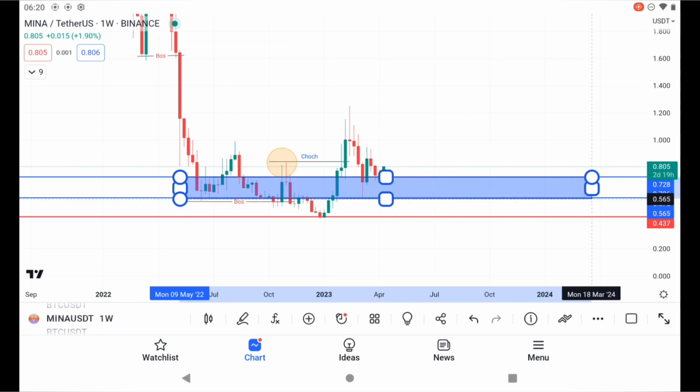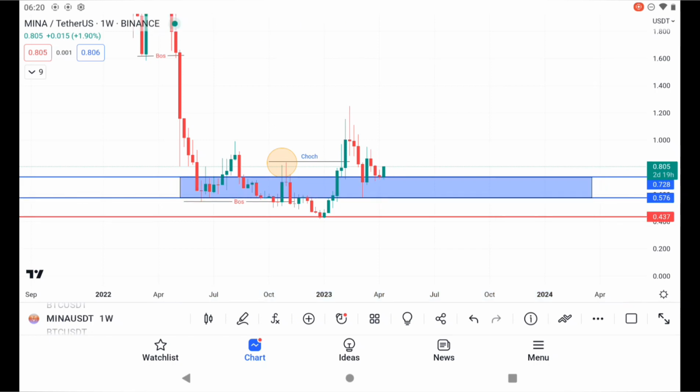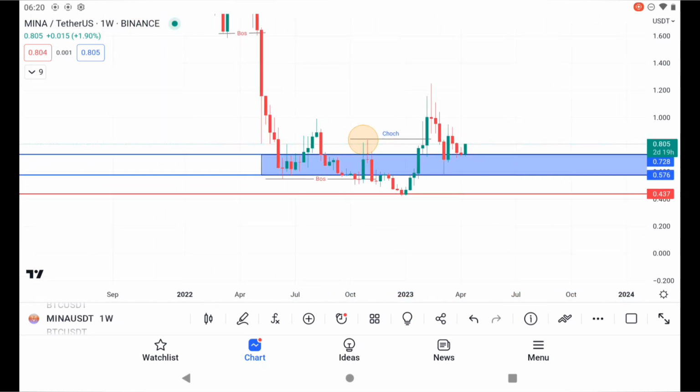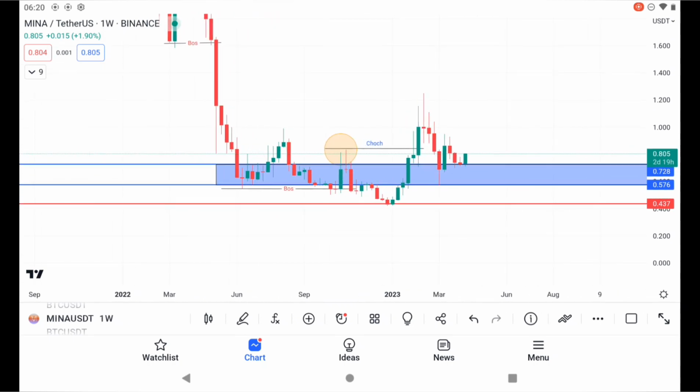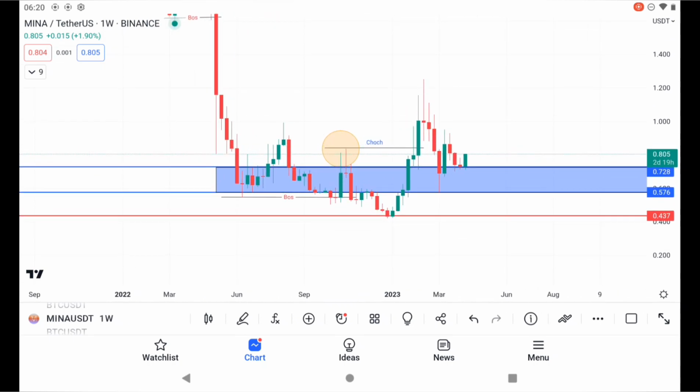So you now see that this is our demand zone on the weekly time frame. Now, isn't this amazing? We now know the price of Mina USDT is bullish.